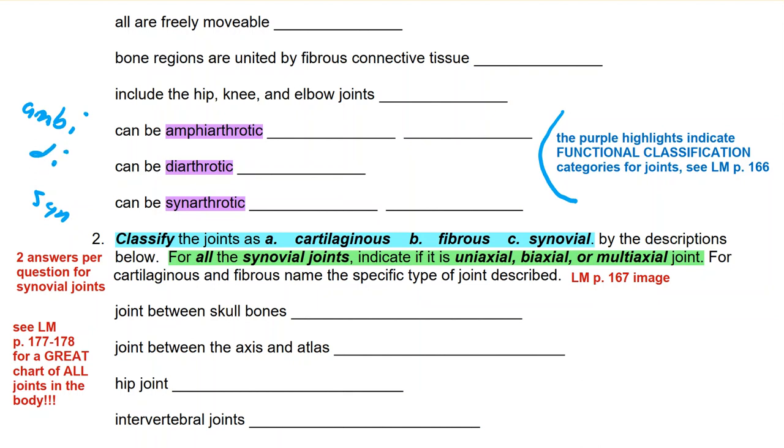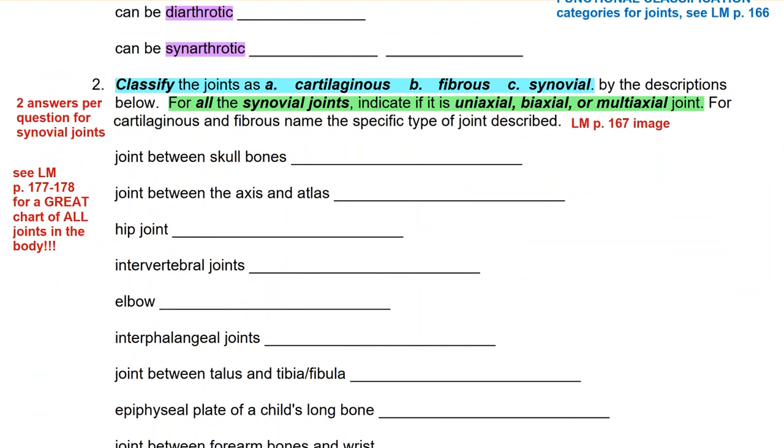Now these are not in proper order, because this one should go up here, right? Syn, ambi, di. Ambi's in the middle. Ambiguous in the middle. A little bit of both, if you can imagine that. So that's functional classification.